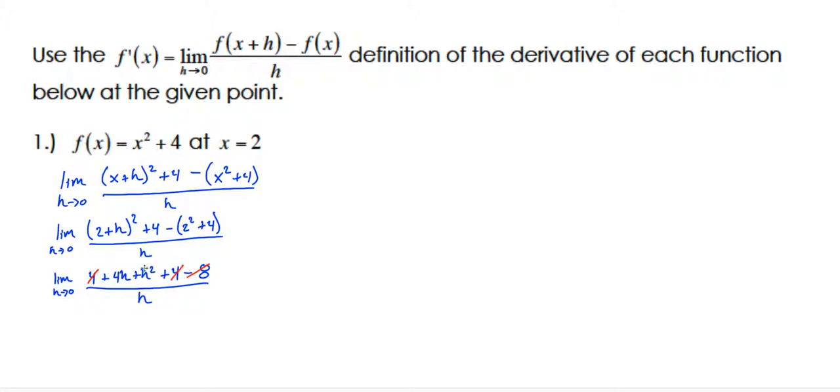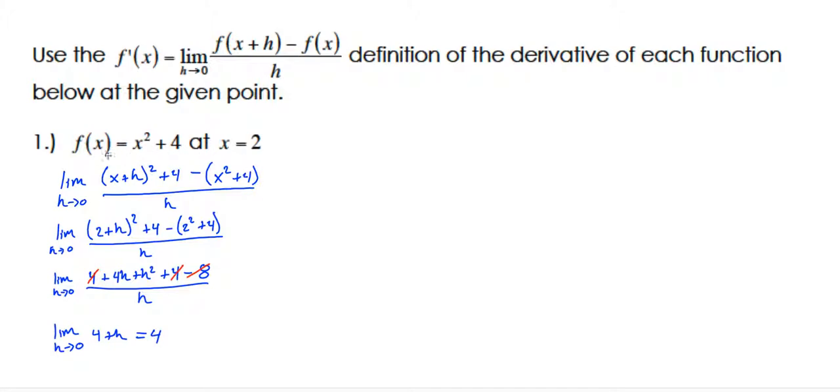And so now I have 4h plus h squared divided by h, and we can simplify that by dividing everything by h. So now we have the limit as h goes to 0 of 4 plus h, and as h goes to 0, we get a limit of 4. Okay, so we could say that the derivative of f of x at 2 is equal to 4.